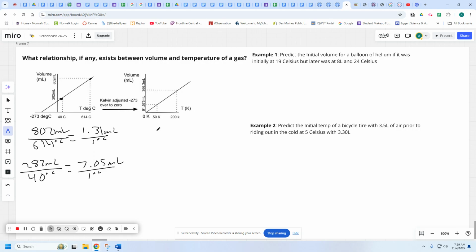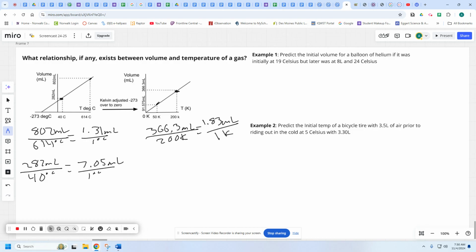However, if you come over to the Kelvin graph and you do the same technique of comparing these two ratios to each other in these 2 points, there's a unique pattern that shows up. So if I take the 366.3 milliliters and compare it to the 200 degrees Kelvin, we should get about 1.83 milliliters for every Kelvin.